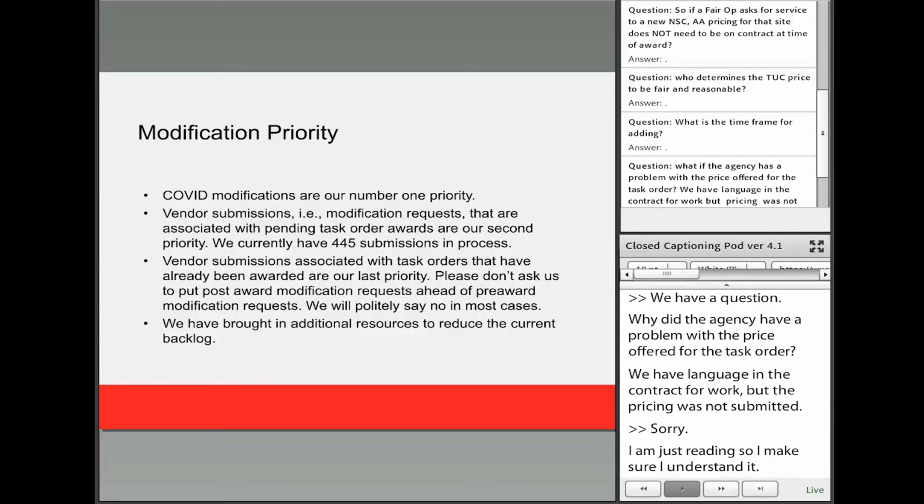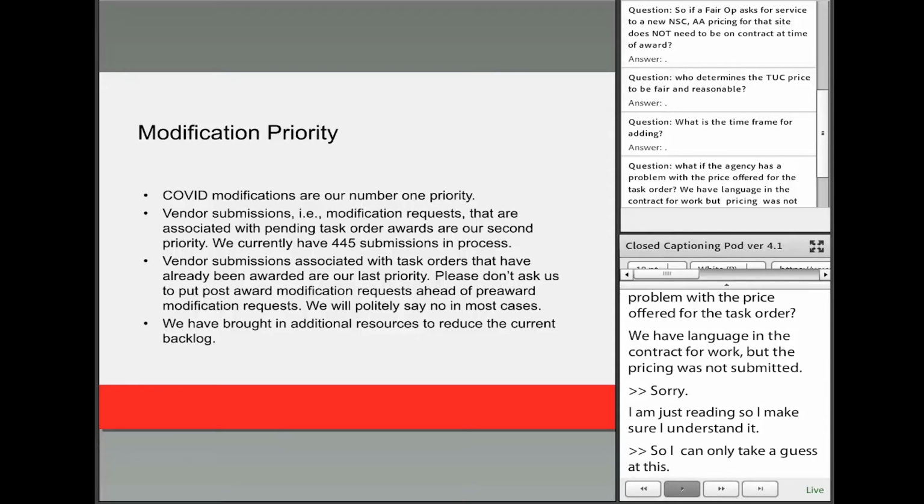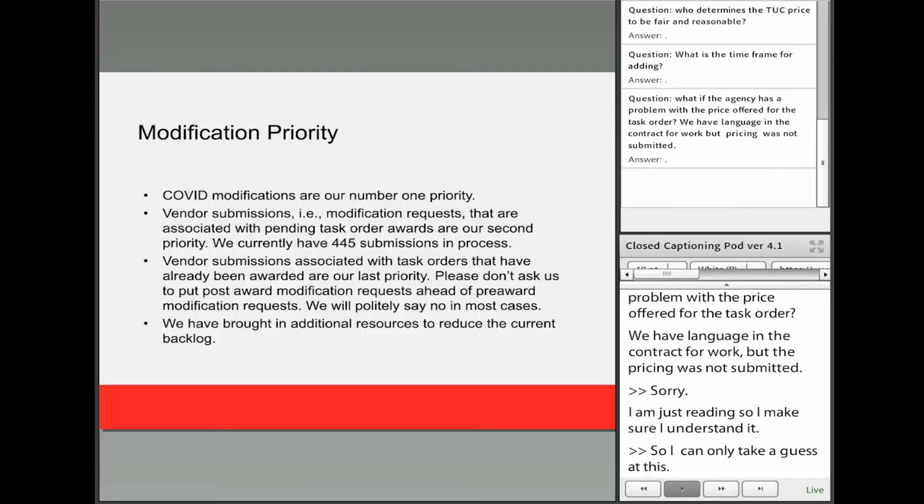Well, so I can only take a guess at this. So let's say your solicitation has 2 categories of items in it, or 2 categories of CLINs in it. One are your mandatory CLINs.